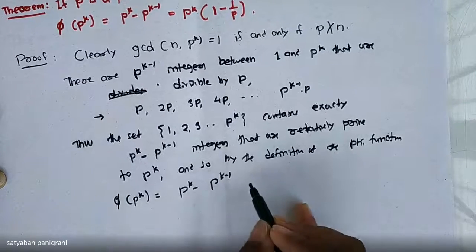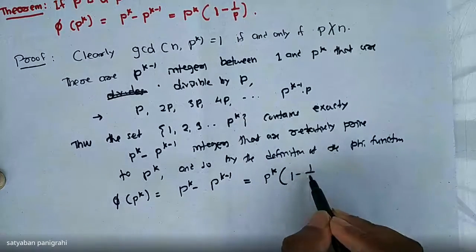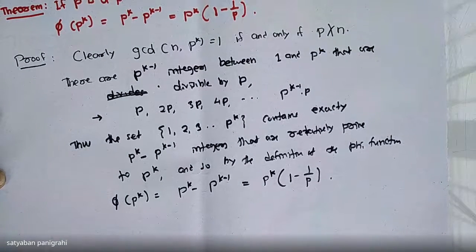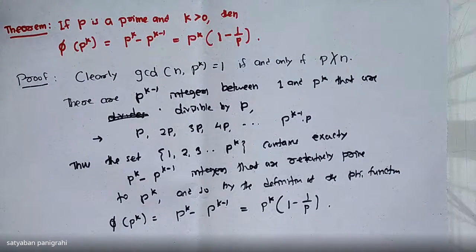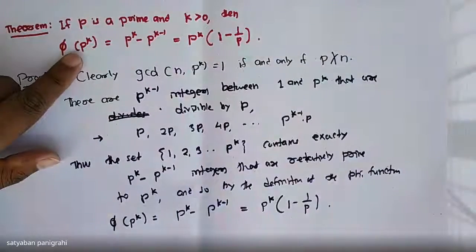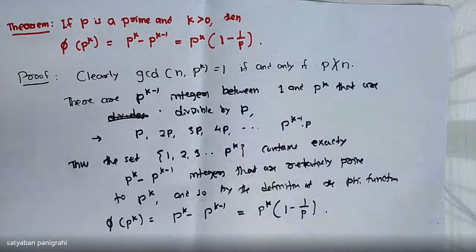Or by simplifying, taking p to the power k outside, 1 minus 1 divided by p. What we have proved: if p is a prime number and k is greater than 0, then phi of p to the power k is p to the power k minus p to the power k minus 1.